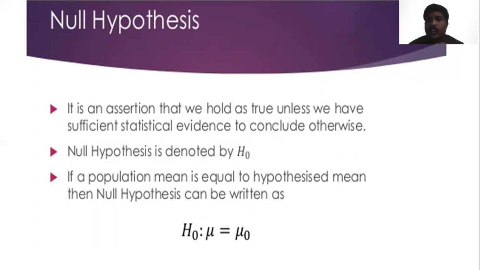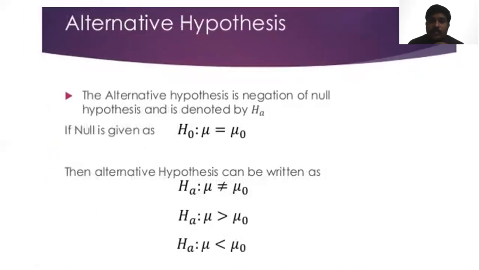So we will take the hypothesis, what we have to prove, as the null hypothesis. And if we have to prove the null hypothesis, the value of mu is equal to mu naught. One is your calculated value, another one is your tabulated value.